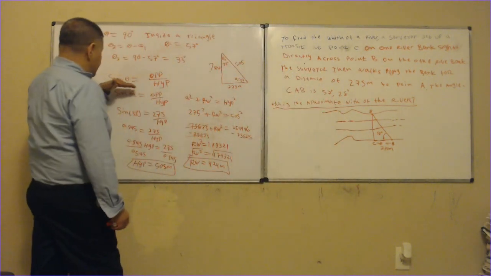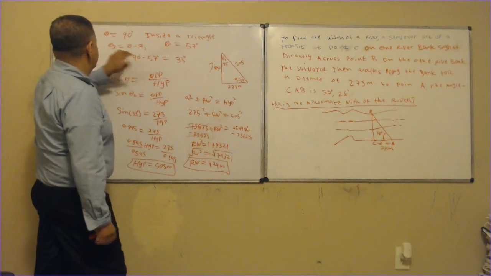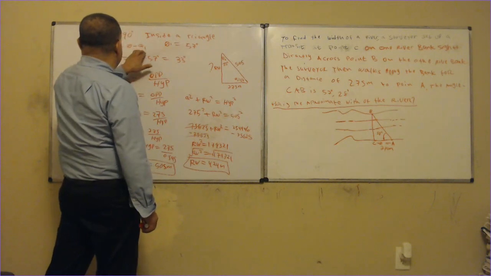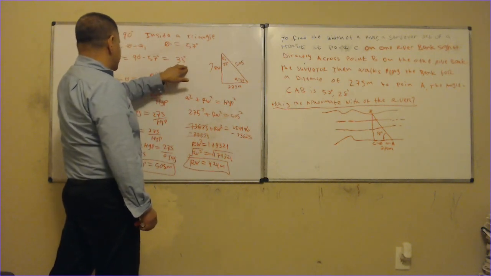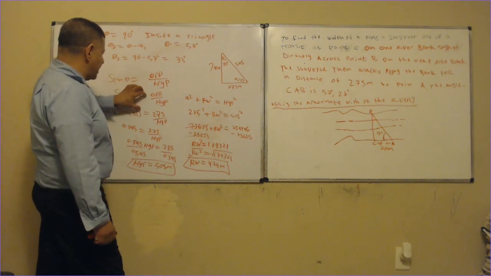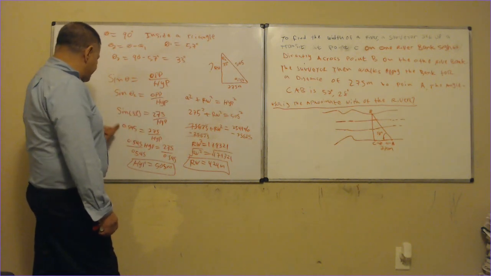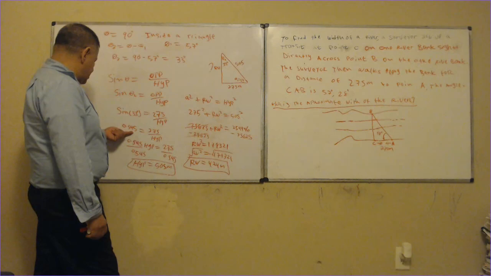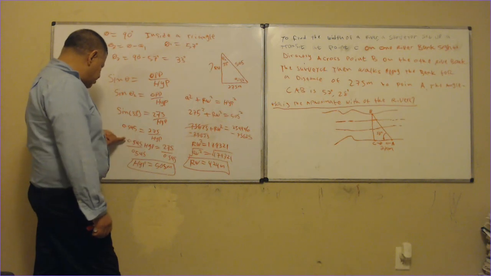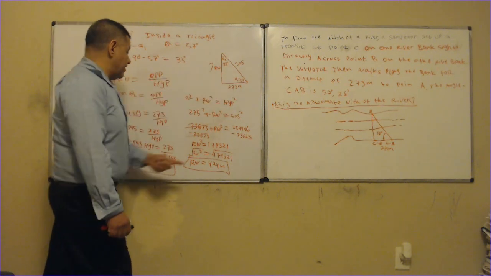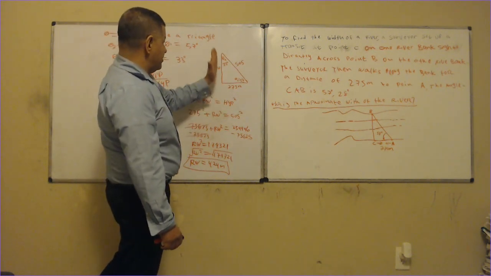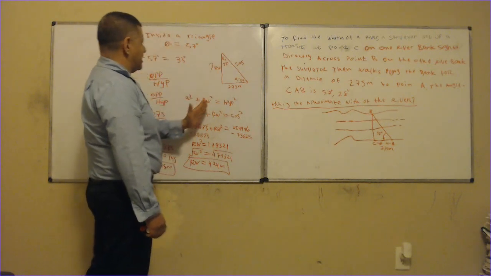Theta 2 is equal to 90 degrees minus theta 1, and we get 33 degrees. We use the 33 degrees as theta 2 and plug it right here. We found the cosine of theta 2 was 0.545, and we solved for the hypotenuse. Once we get the hypotenuse, we have a right angle, right.